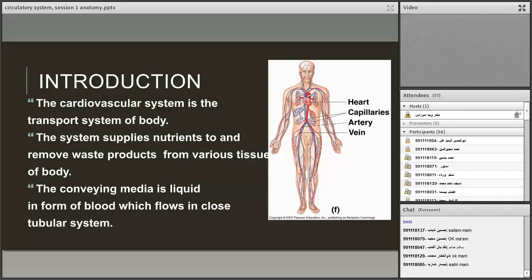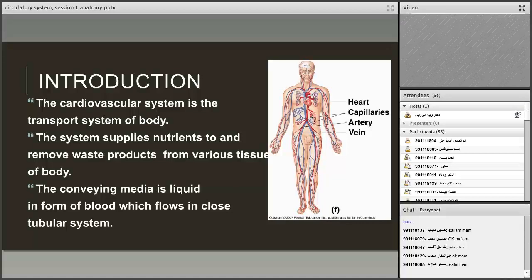The circulatory system is also called the cardiovascular system, and it is the transport system of the body. Many materials are transported by the cardiovascular system, like proteins, vitamins, antibodies, hormones, glucose, fatty acids, and others.